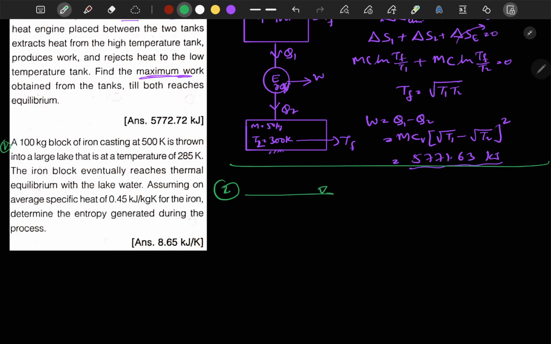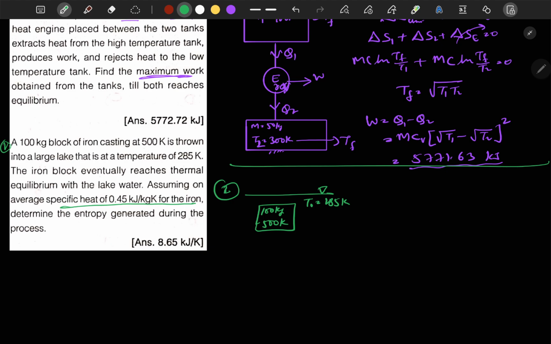So let's say this is a large lake and we have dropped an iron casting of 100 kg at 500 Kelvin, and the temperature of the lake is T0 equal to 285 Kelvin. The iron block eventually reaches thermal equilibrium with the lake water. Assuming the specific heat for the iron, determine the entropy generation during the process.